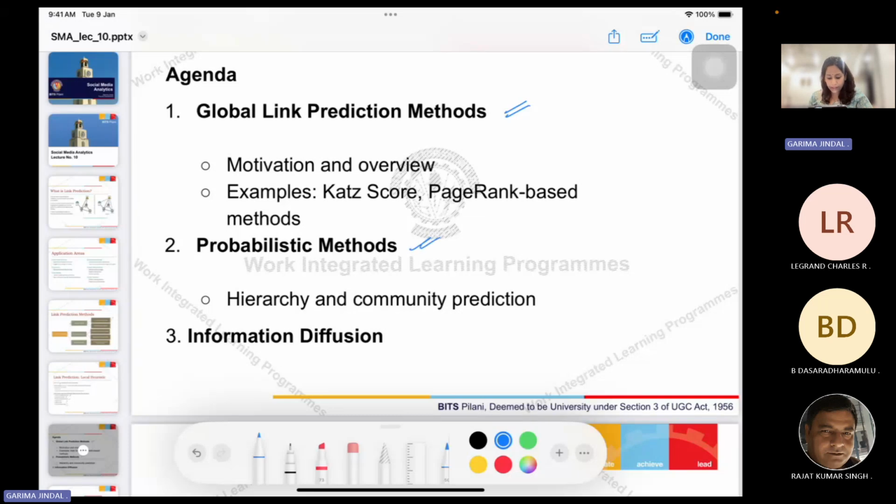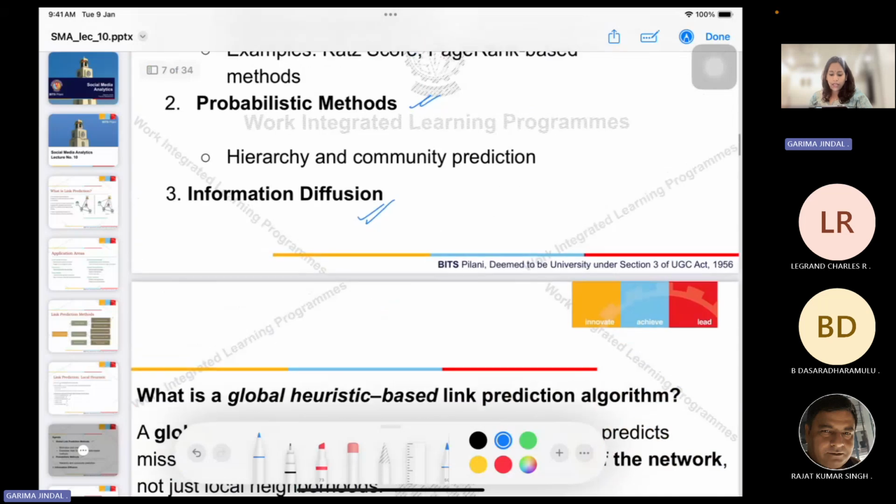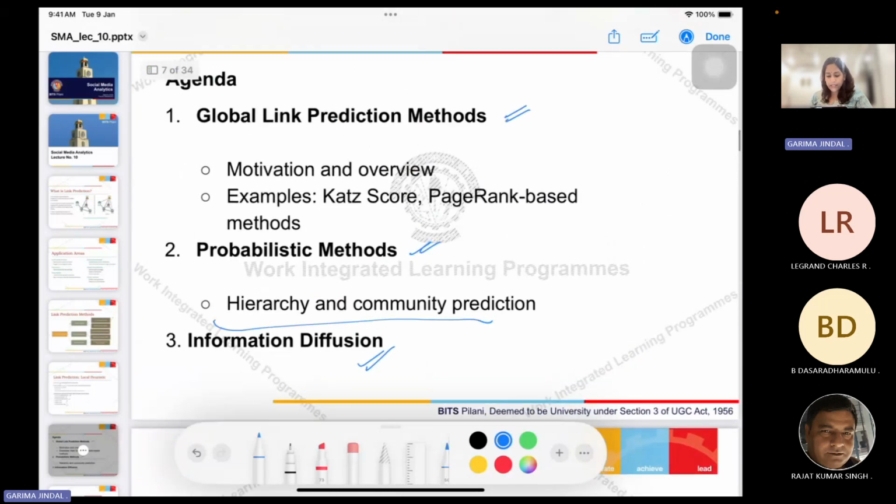Then we have probabilistic methods, and then information diffusion. After the probabilistic methods, we will be done with our topic of link prediction, and then we will move on to our next topic, information diffusion: given some information, how does it spread in a network? In this topic, we will be studying the algorithms around that.